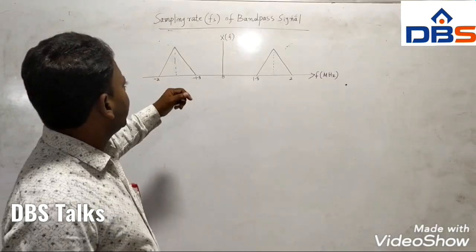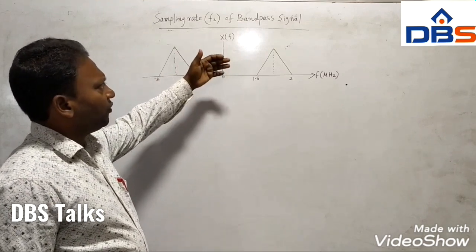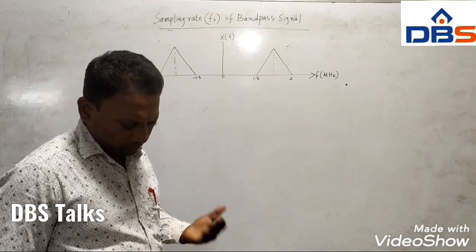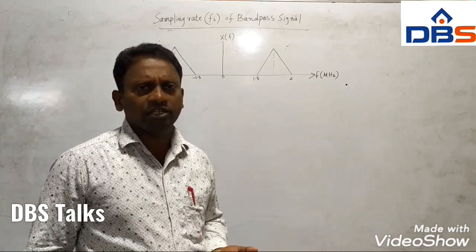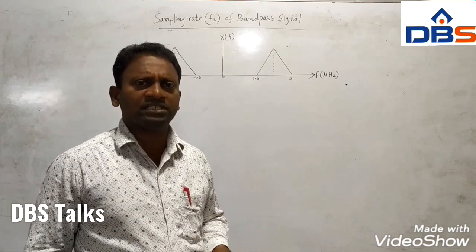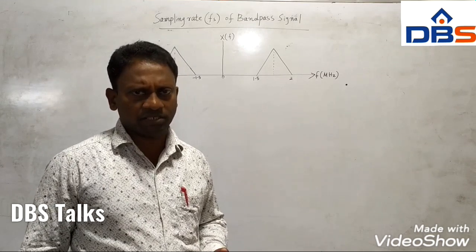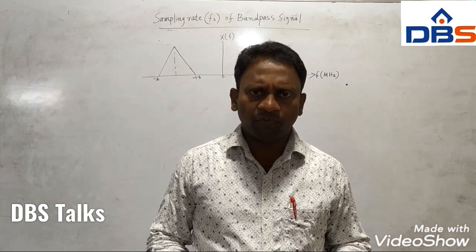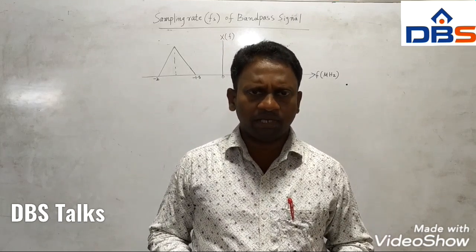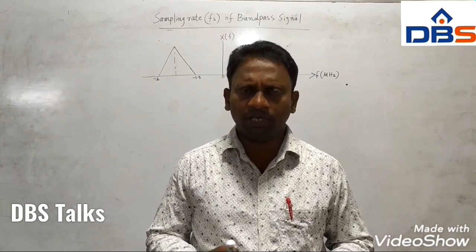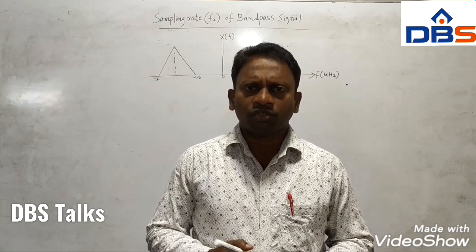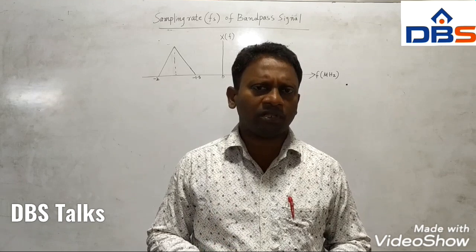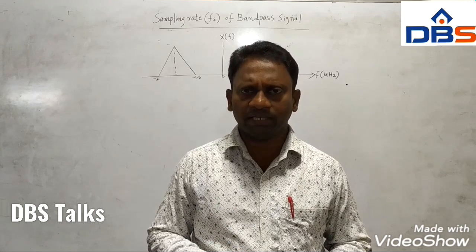Now we will see the sampling rate of band pass signals. From the second year, we have studied in signals and systems the sampling rate of a low pass signal. If you want to sample any signal, like an audio signal or a video signal, there is a condition, and based on that we have to sample the signal. That is the Nyquist criterion.